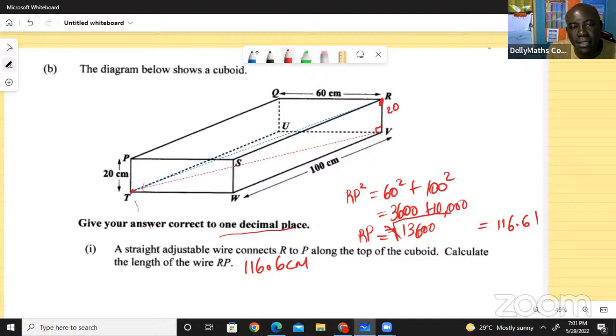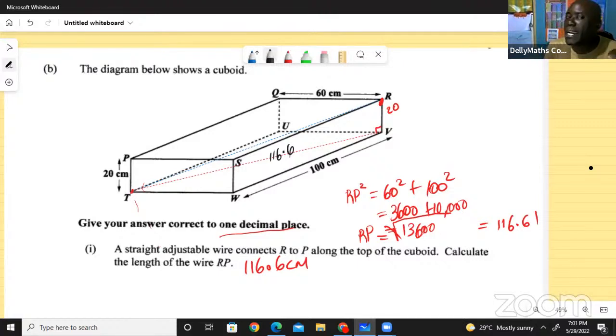But this distance from T to V on the ground, the red one that I put on, was what we found up top from R to P. It's the same thing. So I'm going to call it 116.6, because if you look at the shape of the thing, P to R is the same as T to V.